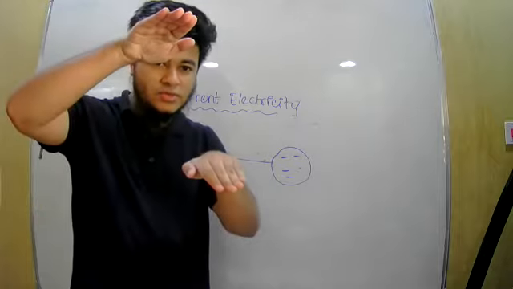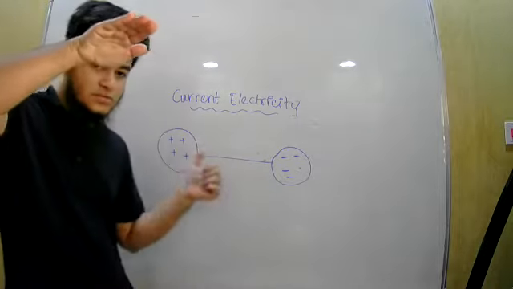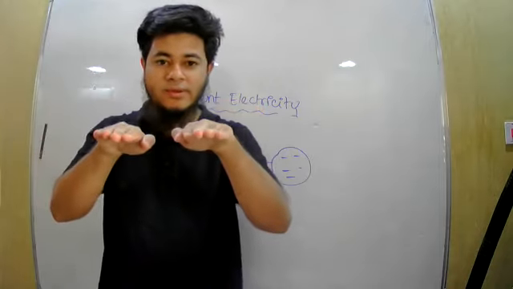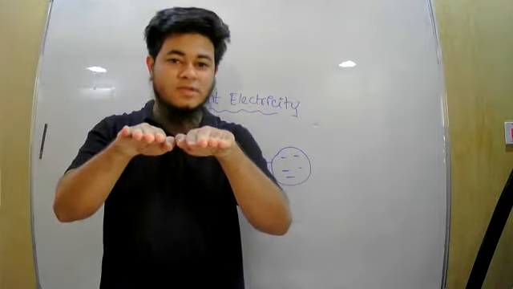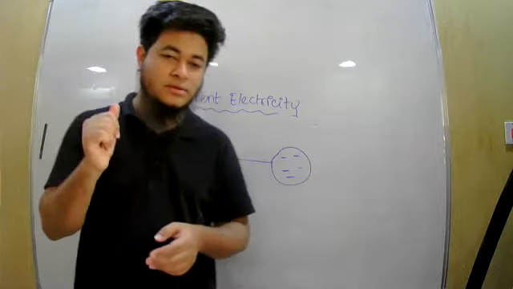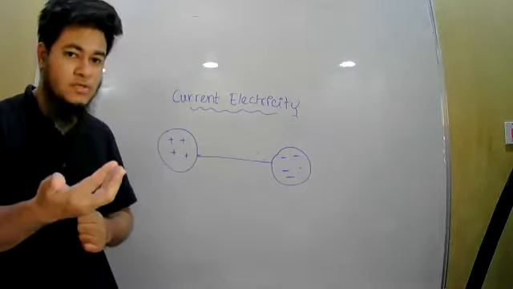If previously this was the difference, when the charge starts flowing, the difference will reduce, and at some point there is no potential difference anymore. They both have the same potential. So no difference is there. Then what will happen? The charge flow will stop.